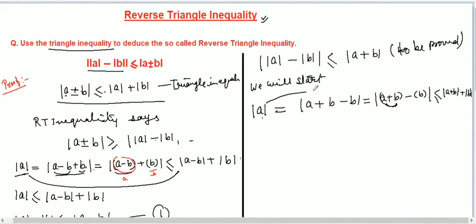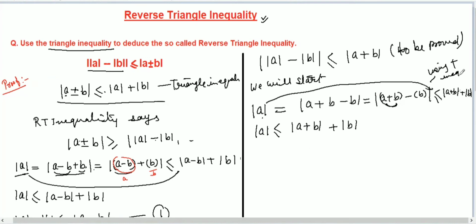Now again write this one. Absolute value of A will be less than or equal to absolute value of A plus B plus absolute value of B. We used the triangle inequality.